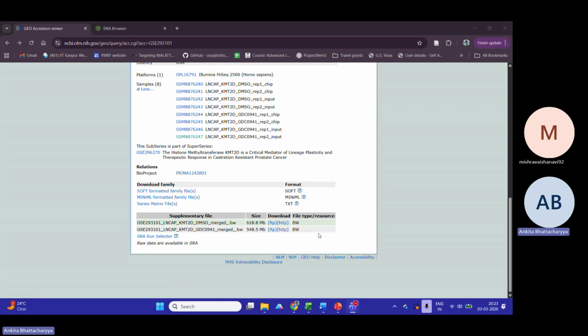You can download it and you can directly visualize it on IGV. But if you wish to change any parameters, or if you just want to learn ChIP-seq analysis by yourself, which is something you should preferably know if you are in academia, it's something you'll come across in the long run. The two strategies that are commonly used are either using a common online tool called Galaxy, or if you have access to a Linux system, then you can run your own code.